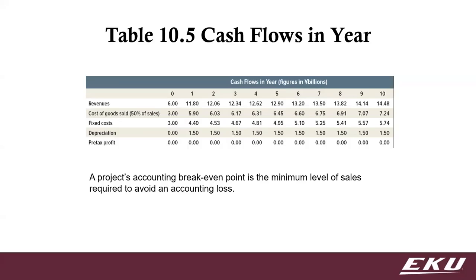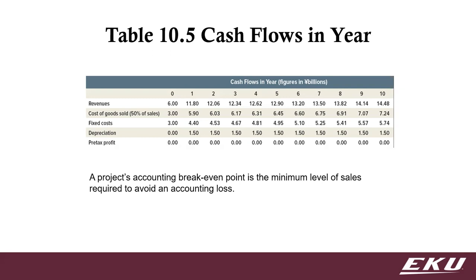Also looking at by year. We can start looking at, well, what do sales need to be, right, as we go forward for us to be able to not lose money, at least, right? And you see how much they have to have as revenue, right? Given that cost of goods sold takes out half of it, given that we know what these fixed costs are going to be, right?